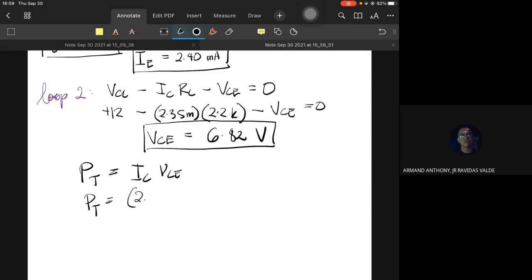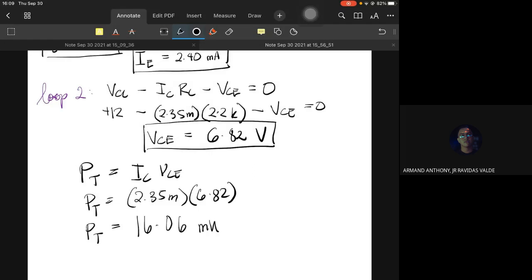IC is 2.35 milli, VCE is 6.82 volts. Therefore, the power dissipated by the transistor is about 16.06 milliwatts.